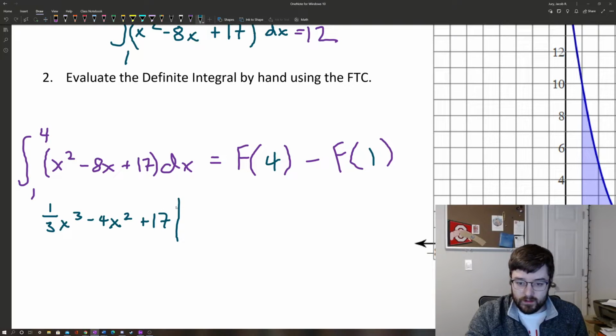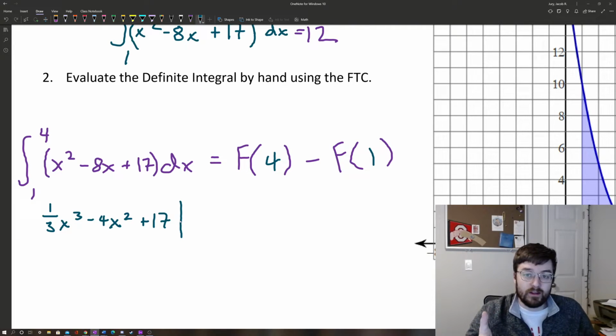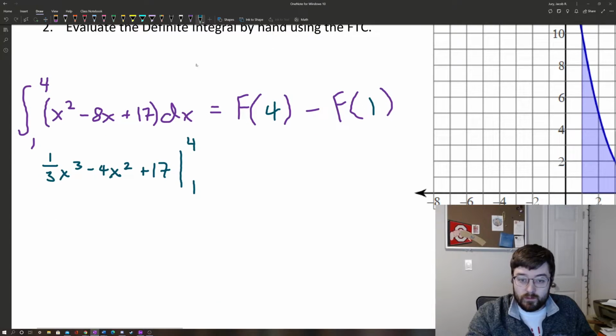There's a notation we use when evaluating by hand, which is this bar at the very end. We don't use plus c anymore because we're actually using an indefinite integral to evaluate a definite integral. So we are keeping those bounds to show that we're going to substitute in 4 for x and subtract the equation of plugging in 1 for x after that.